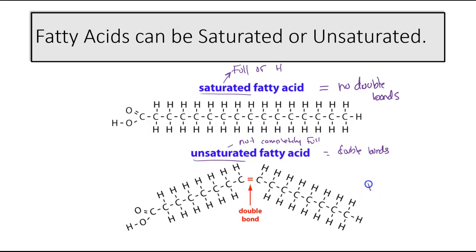So as the double bonds increase, then the level of unsaturation increases as well. Okay, so the more double bonds, the more unsaturated the fatty acid is. The fewer the double bonds, the less unsaturated it is. And if there are no double bonds at all, it is completely saturated or full of hydrogens.